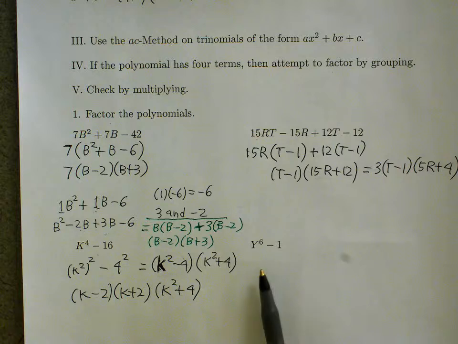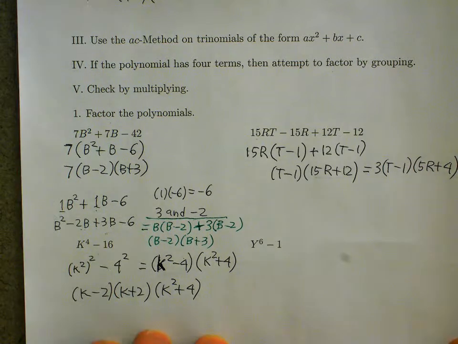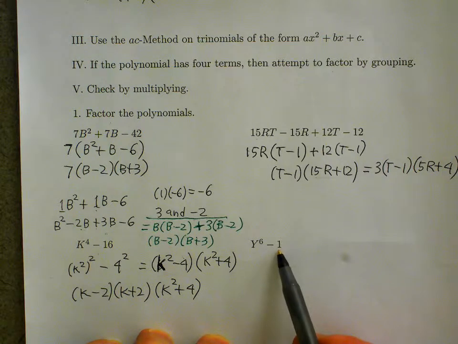Okay, the next one, y to the sixth minus 1. We saw something kind of like this yesterday. Different terms. This is a difference of squares. It's also a difference of cubes. One squared is 1, and 1 to the third power is also 1.